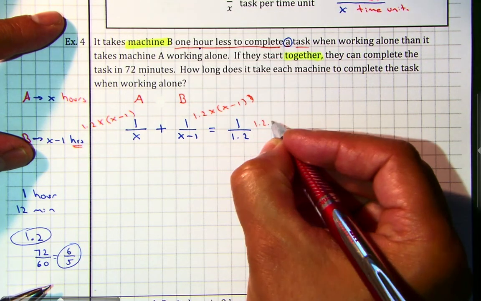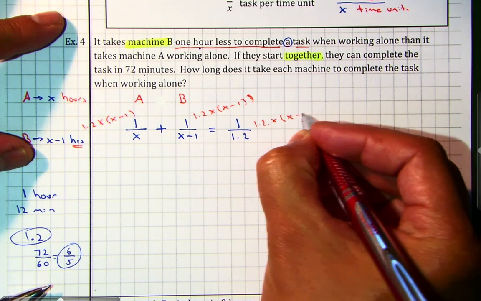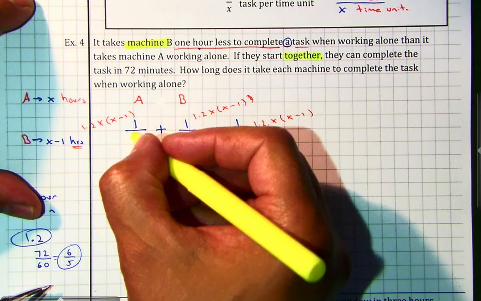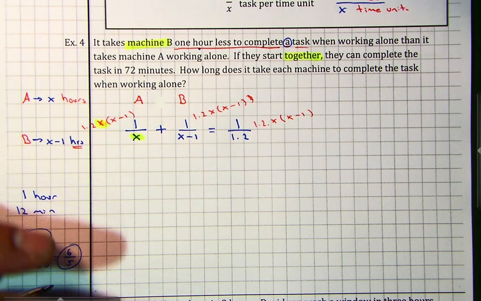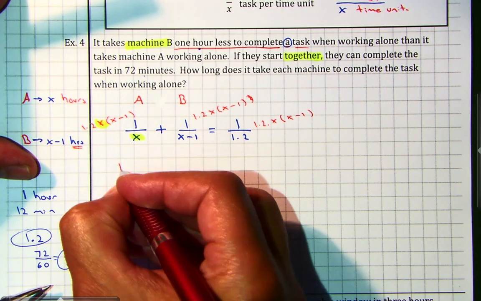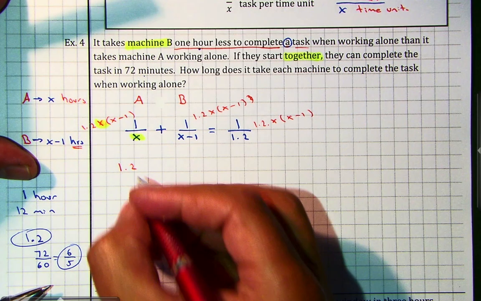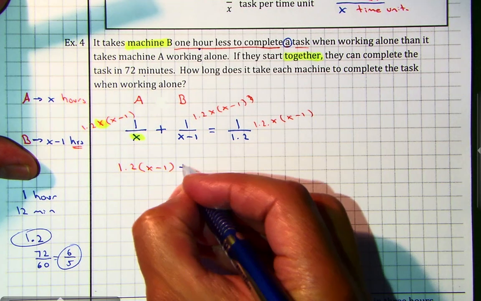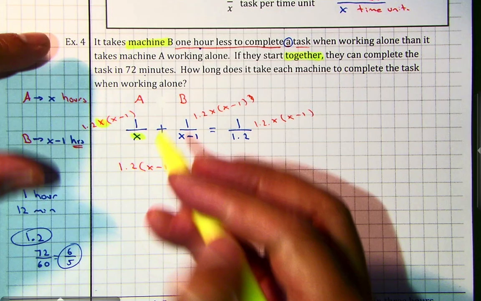1.2, x minus 1. So let's see. On the first one, what cancels? One of the x's cancels. So I have 1 times 1.2 times x minus 1 plus. On the next one, my x minus 1 cancels.